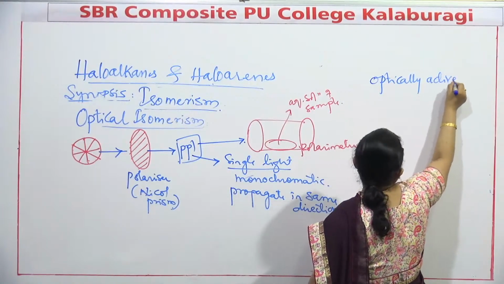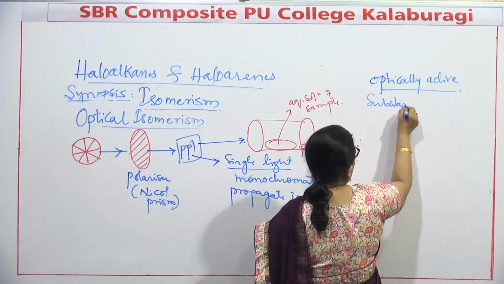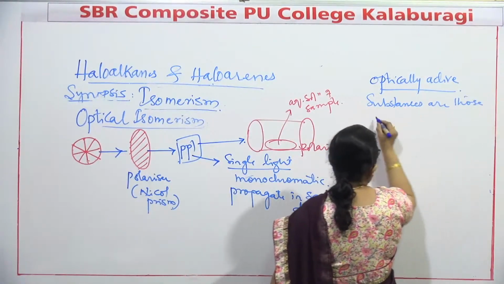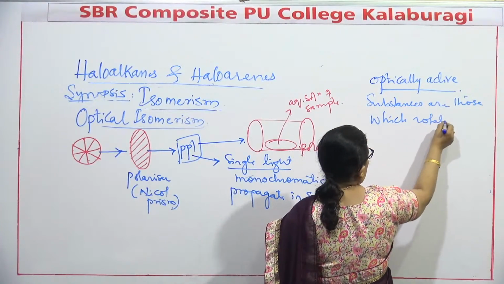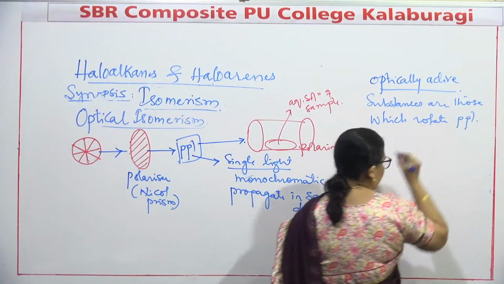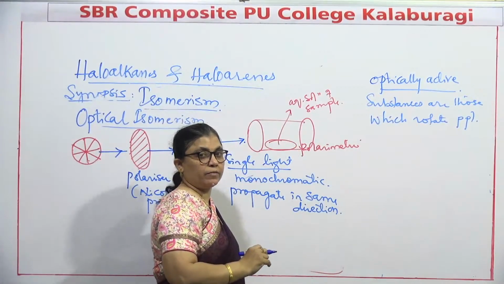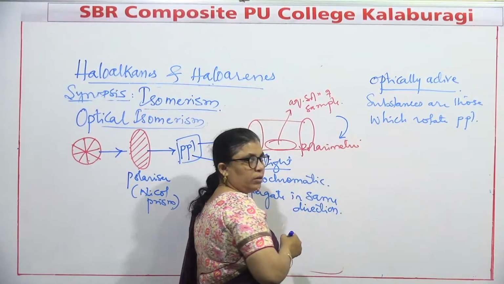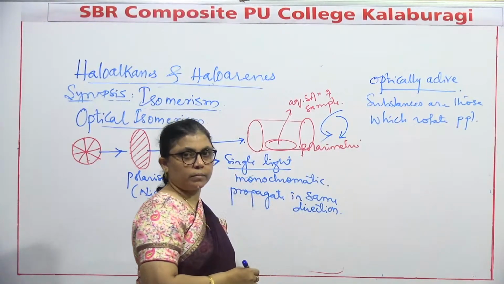Optically active substances are those which rotate plane polarized light. Remember one thing. When they are rotating plane polarized light, either they can rotate in a clockwise direction or they can rotate in an anti-clockwise direction.